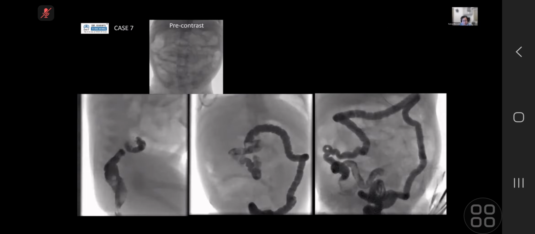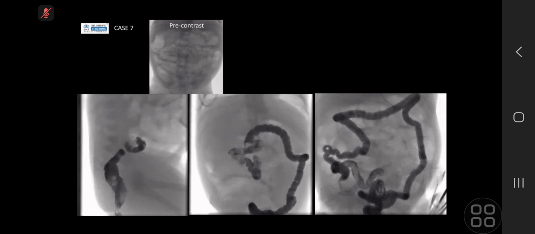Okay, next case. I'm looking at the pre-contrast image first, and I think there are multiple dilated loops of bowel, and the lower images are a lower GI contrast study. I think the bowel looks small in caliber overall, but contrast is opacifying the entirety of the colon, and there is contrast within the terminal ileum as well.